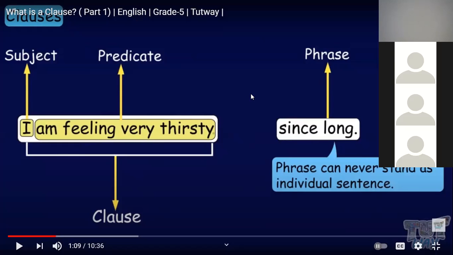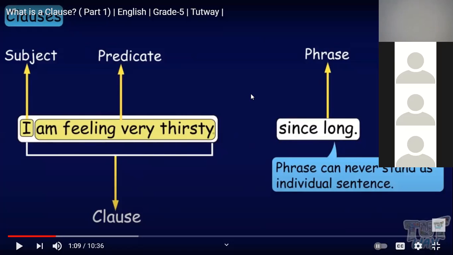An adverbial phrase. A phrase can never stand as an individual sentence, meaning it can't stand alone. I can't say "since long" alone, but I can say "I'm feeling very thirsty."